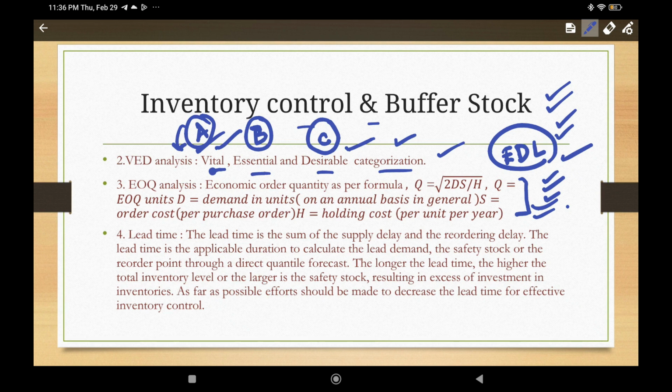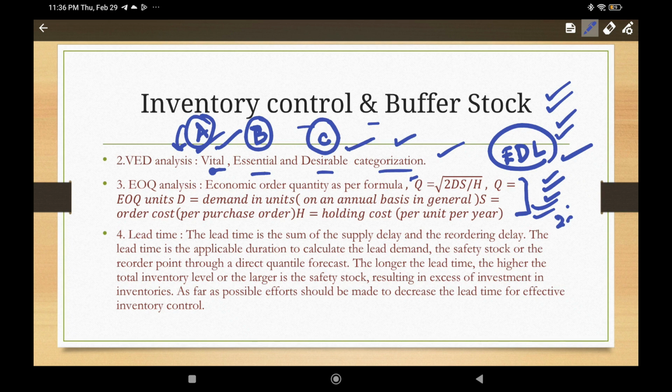So there is an equation here, Q equals root over 2DS by H, where Q is the EOQ units. EOQ unit means from Q it will be determined how much is the requirement or essentiality of that particular drug. So here D is demand in units, how much of the particular substance or thing is required, in units.